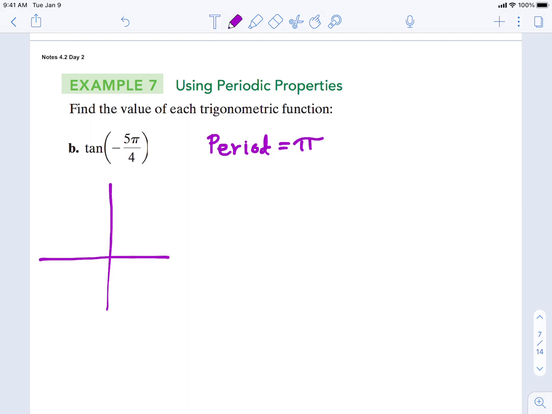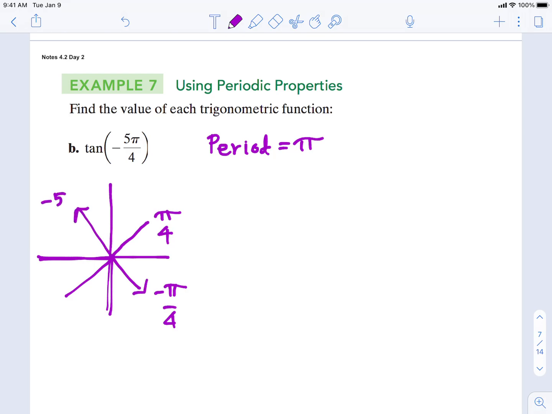So if I think about pi over 4, and I count pi over 4, but I go in the negative, so here would be negative pi over 4, negative 2 pi over 4, negative 3 pi over 4, negative 4 pi over 4, negative 5 pi over 4.